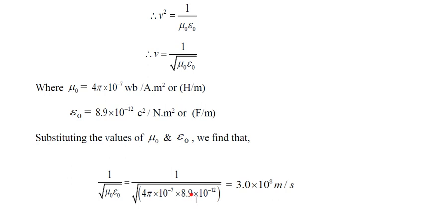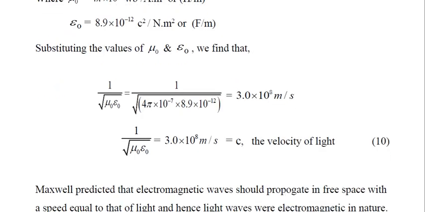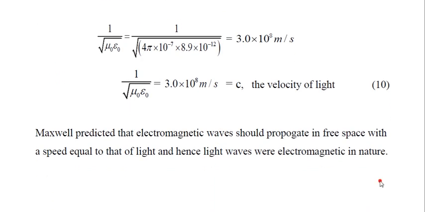Substituting these values, 1 upon square root of mu naught epsilon naught is equal to 1 upon square root of 4 pi into 10 raised to minus 7 into 8.9 into 10 raised to minus 12, which is equal to 3.0 into 10 raised to 8 meter per second. And you know, this is the value of the velocity of light.